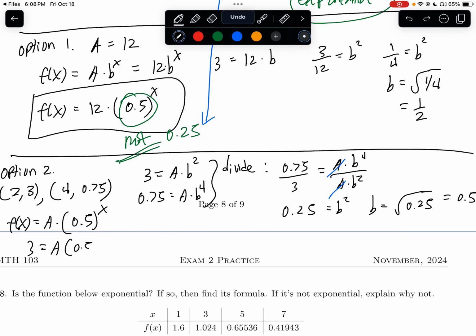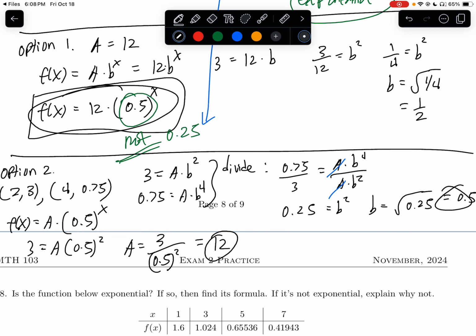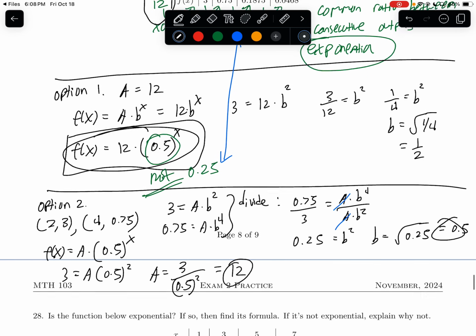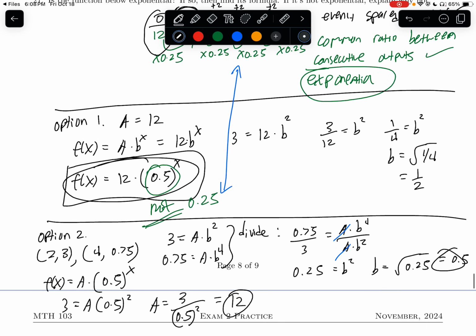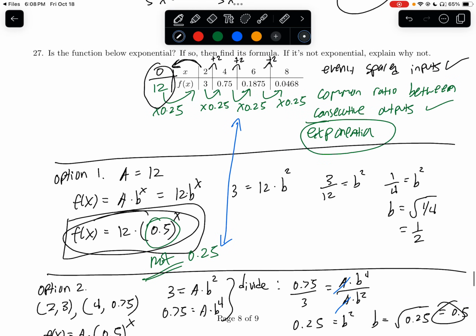This is 0.5 squared, and so a is 3 divided by 0.5 squared, which is 3 over 1/4, which is 3 times 4, which is 12. And so I still get the same function as I should here, but this is a way you could do it if you didn't see or you aren't comfortable or whatever reason, you didn't want to extend the table backwards.